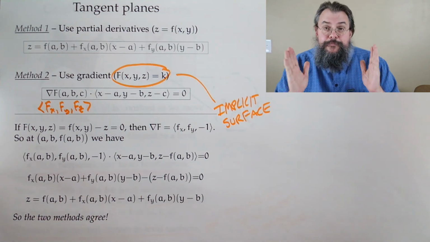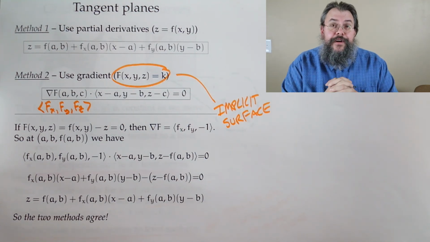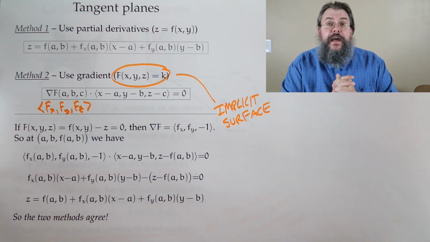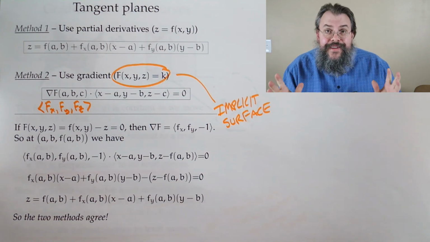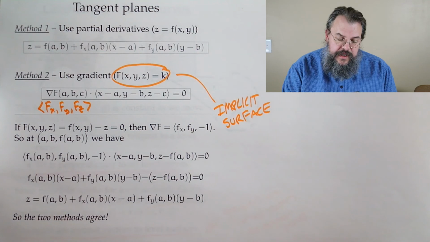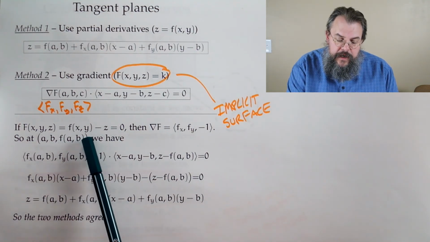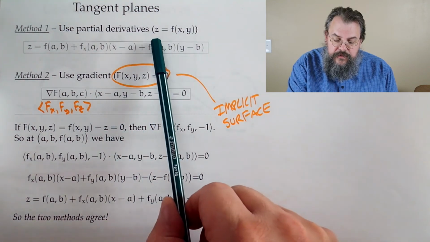Now, you might say, these are two different ways. Are they compatible? And the beautiful thing is, yes, they actually give the same answer. So suppose you set your function, capital F, to be f of x, y minus z. In other words, you subtract z across.